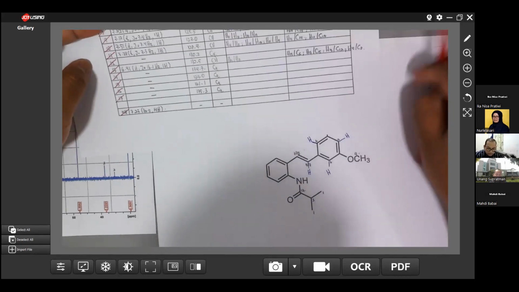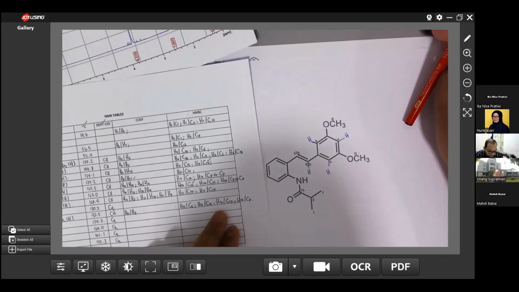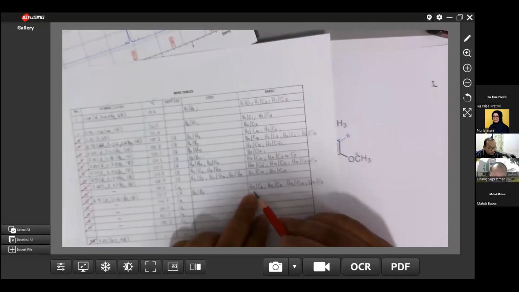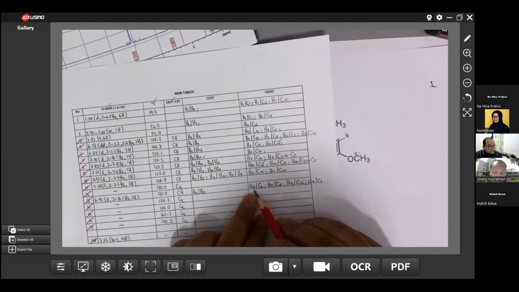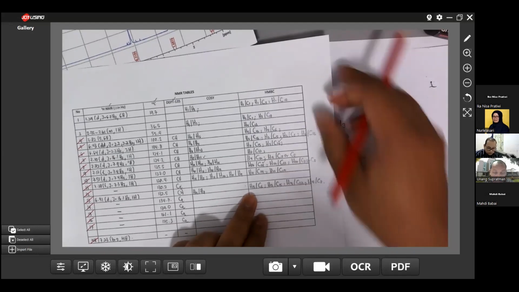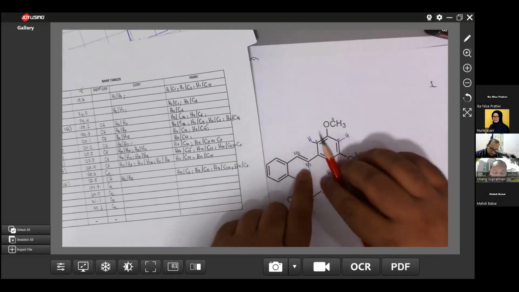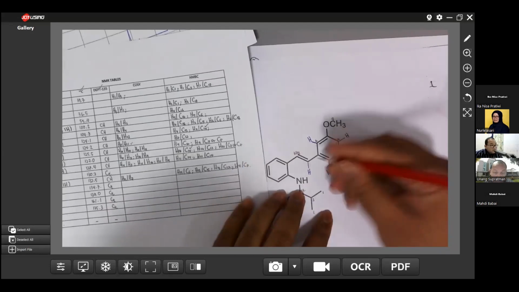Based on my tables here, proton number 13 can see C6 in the HMBC correlations. So this one is absolutely 13, so we can assign the correct one. Proton 13 can see carbon number 6 here.